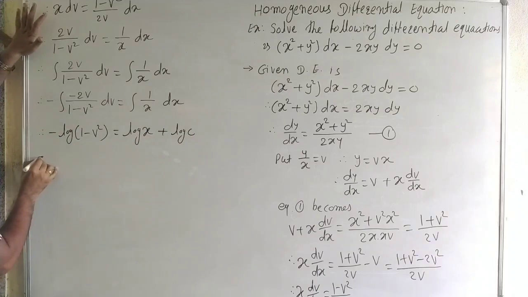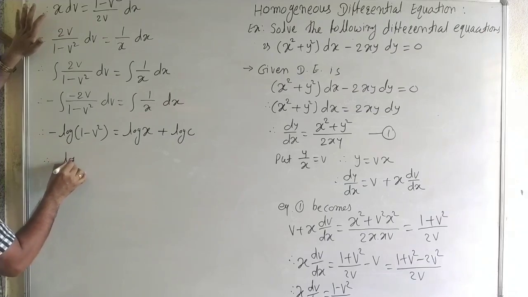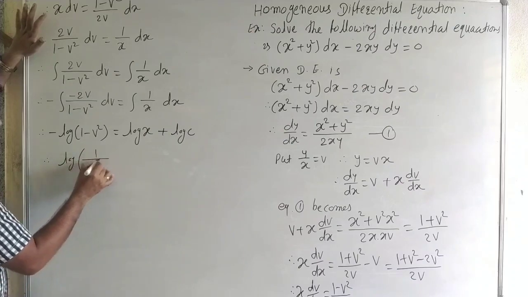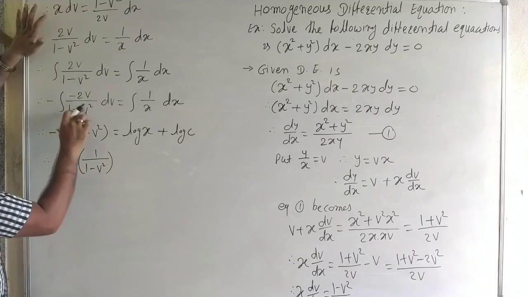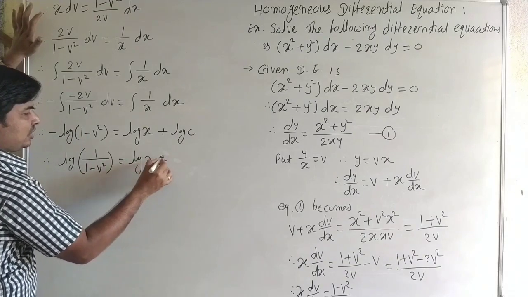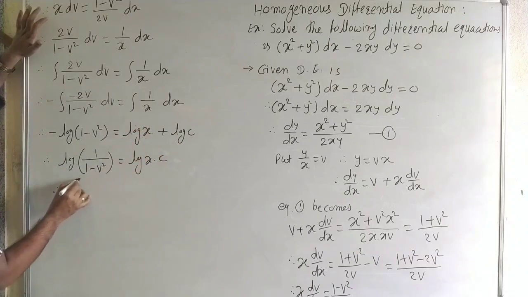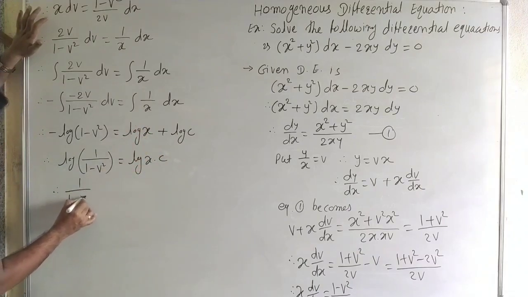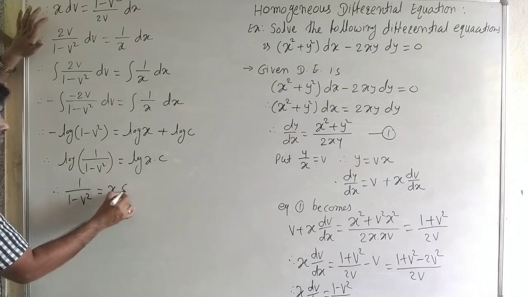Now removing log on both sides, we can write the minus as a reciprocal. Therefore log of 1 upon 1 minus v square is equal to log x into c, removing log on both sides. Therefore we get 1 upon 1 minus v square is equal to x into c.